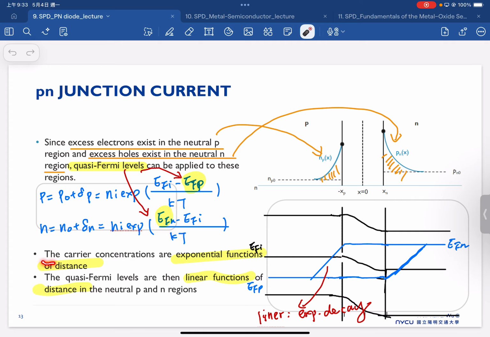Because the carrier concentrations are exponential functions of distance, the quasi-Fermi levels are linear functions of distance as shown here. This is because we have an exponential decay, and by plotting it on a log scale, that would be a linear function.